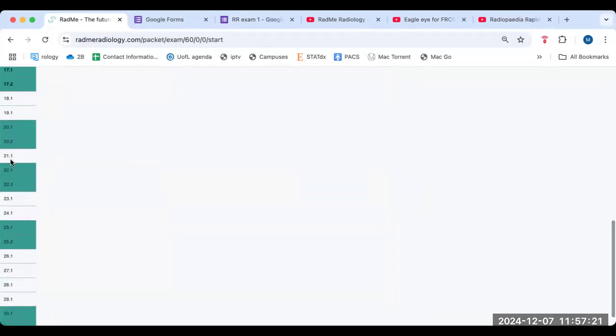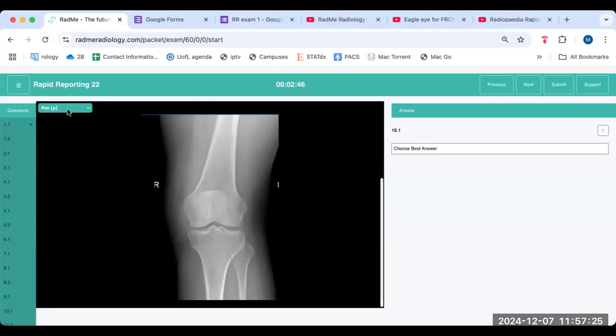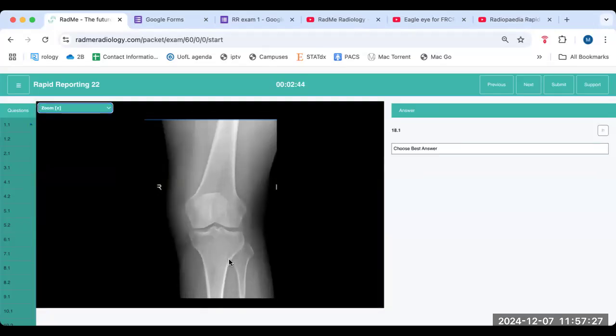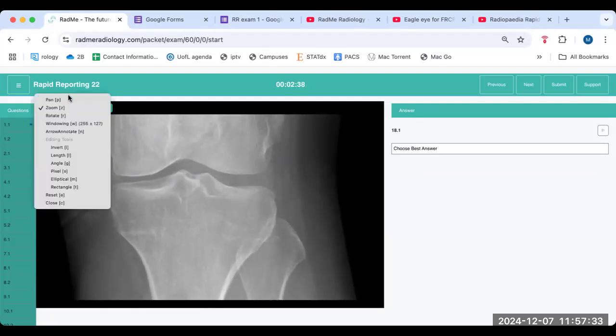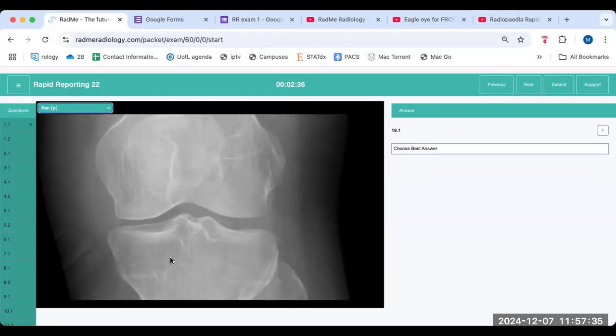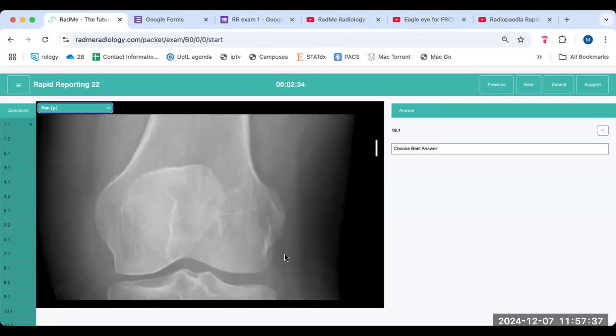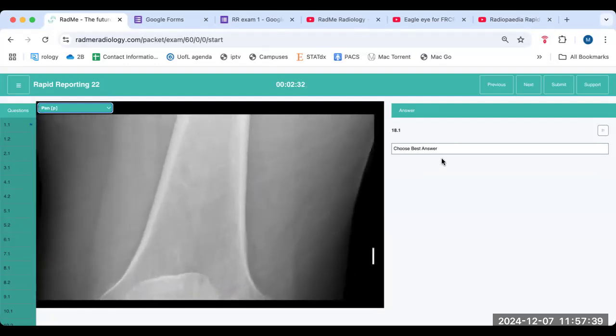Let's try number 18. I will zoom here. There is no avulsion there. The tibial plateaus are smooth. The fibular neck, the patella, the femur, everything is normal. So I will put it normal.